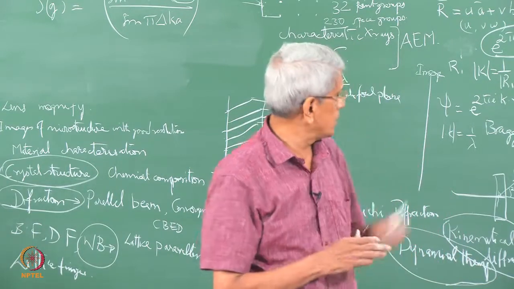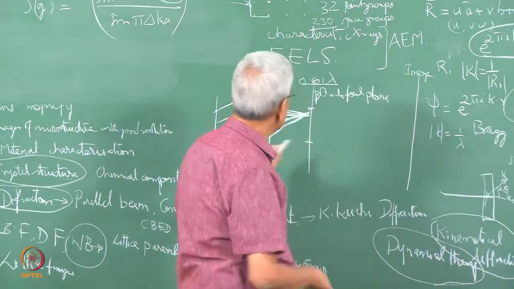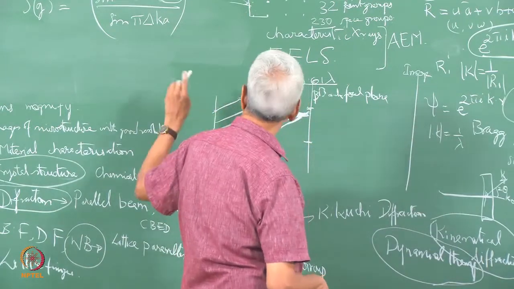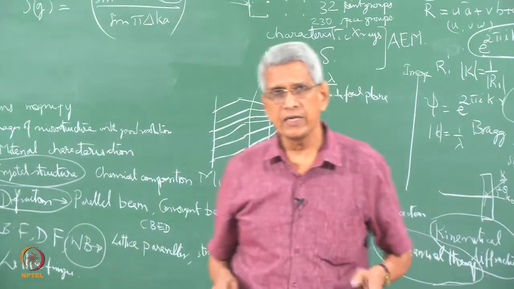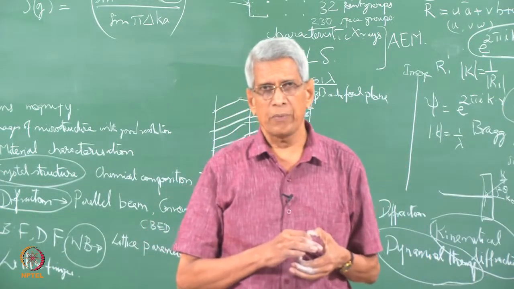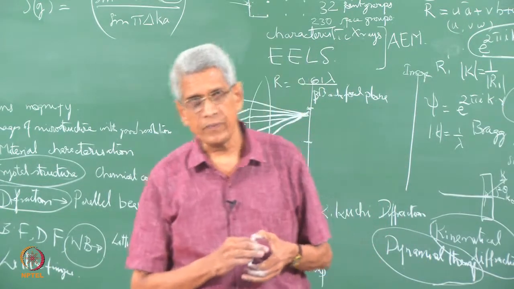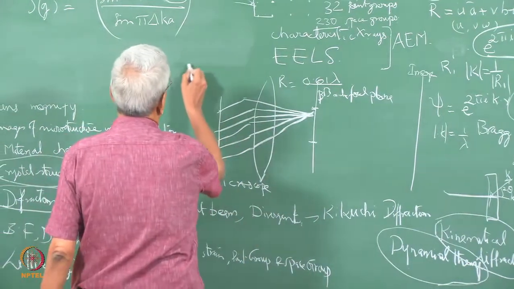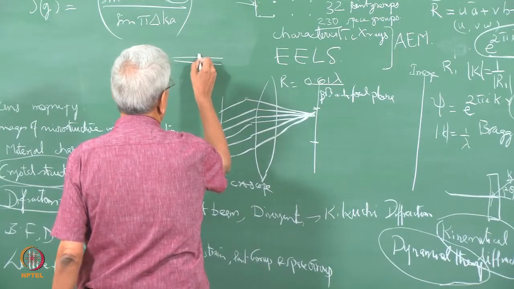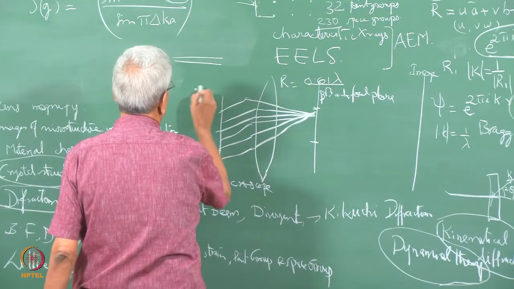In fact, in the microscope, since the sample used is extremely small, as I mentioned, less than 100 nanometers, generally streaking is present perpendicular to the sample thickness in the diffraction pattern.